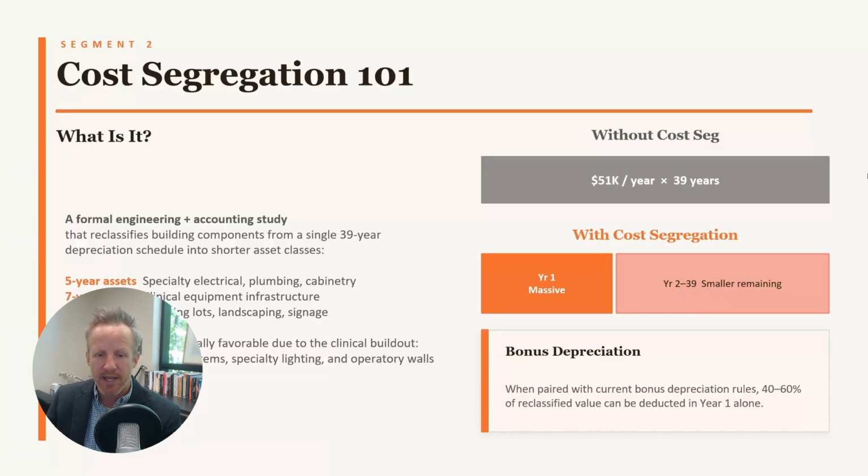And when you pair that up in that first year, so you move a lot of that depreciation into the first year, you can use this thing called bonus depreciation or certain Section 179 deductions on some assets. And so when paired with this bonus depreciation in year 1, you could potentially deduct 40 to 60% of the amount that was reclassified from the 39-year asset to the 5, 7, or 15-year asset. That's where you get massive benefits from doing this.